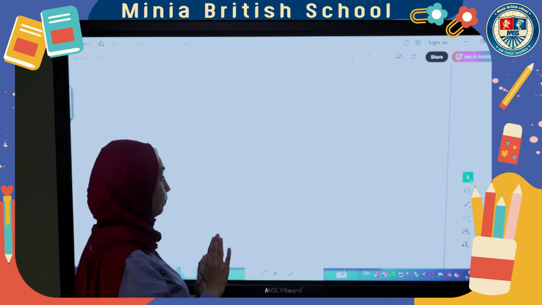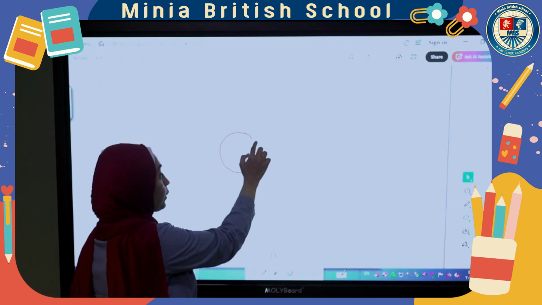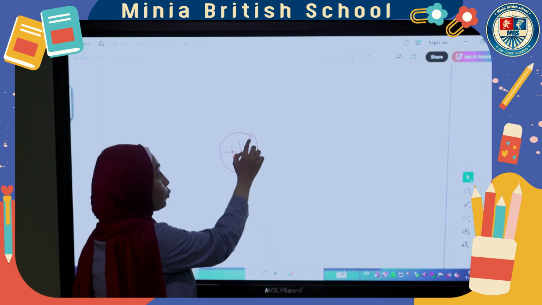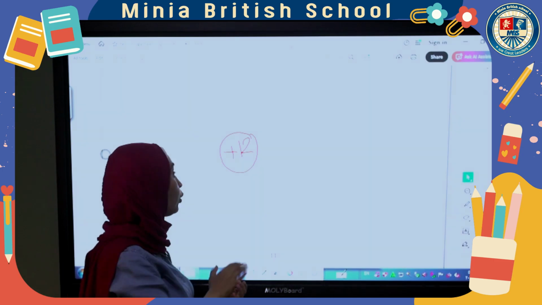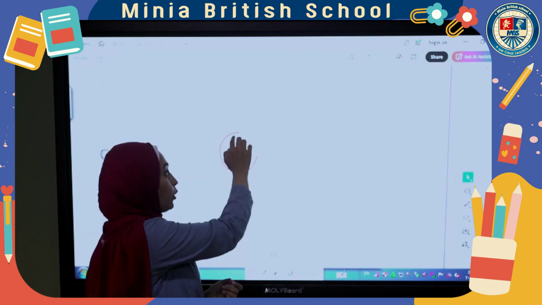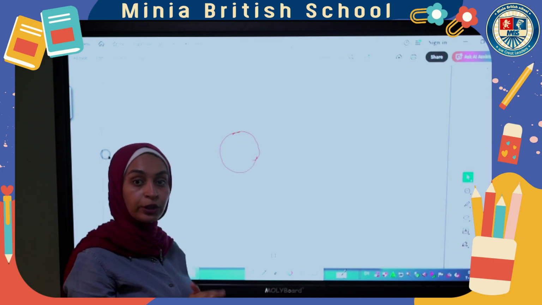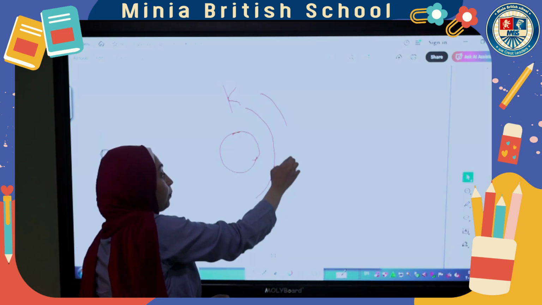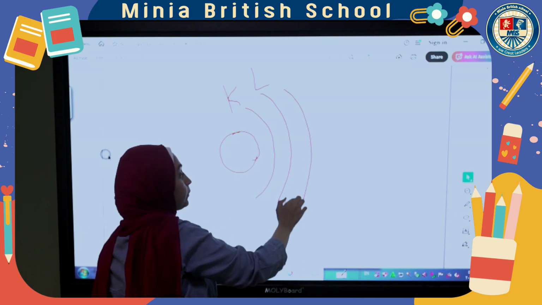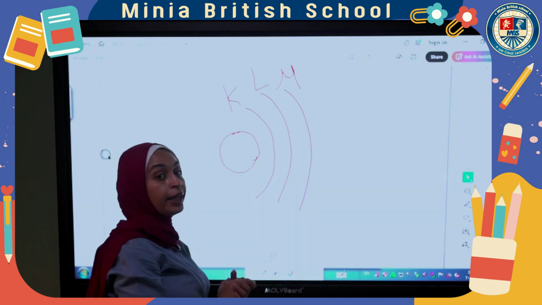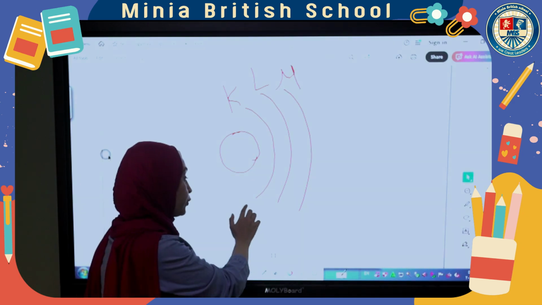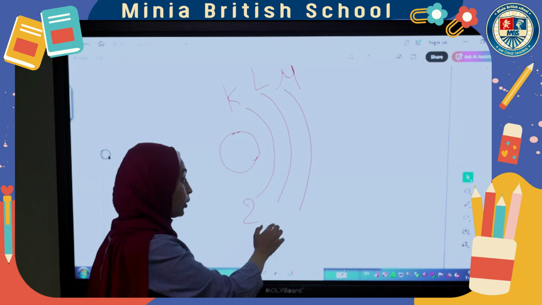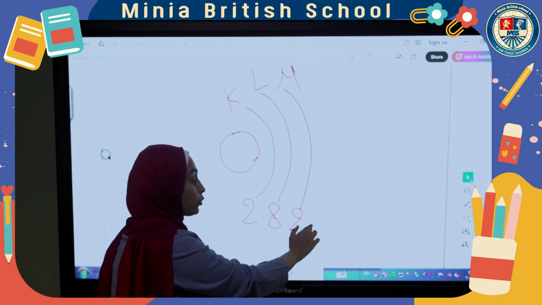Like magnesium. Magnesium in grade 7 has 12 protons. Or no, I will not write the 12 protons. I will draw just the nucleus. Then I will write K, L, M. It has 2 in the first energy level, 8 in the second, 2 in the third.